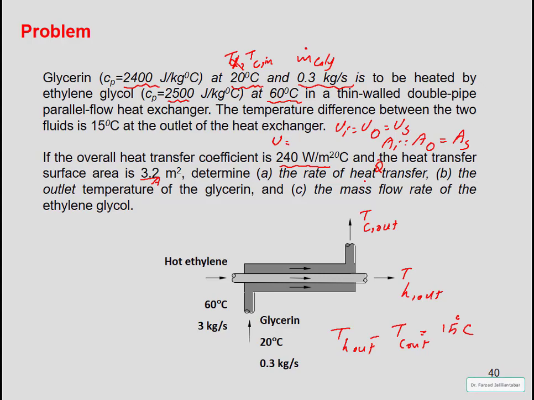And in the B part of the question, we should determine the outlet temperature of the glycerin, TC out, and also we should determine the mass flow rate of the ethylene glycol, m dot of ethylene glycol.